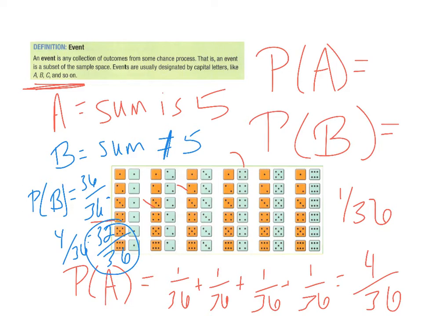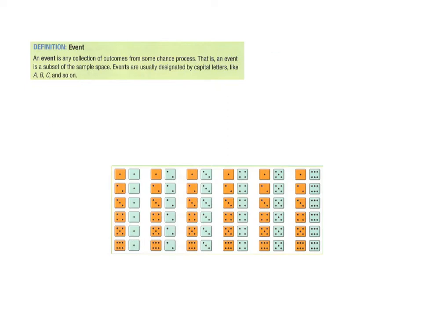We could also add up two seemingly completely unrelated events. For example, let's say we wanted the probability of the sum is 5 or 6. Well, those don't have any outcomes in common. We don't have any combinations that are going to add up to 5 as well as add up to 6.